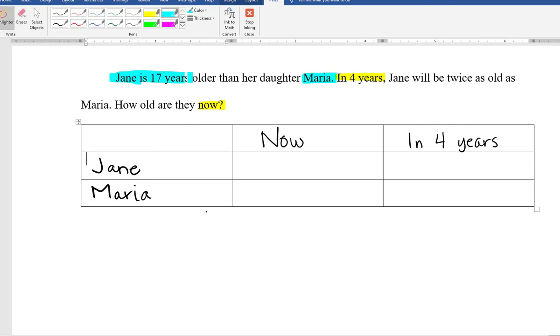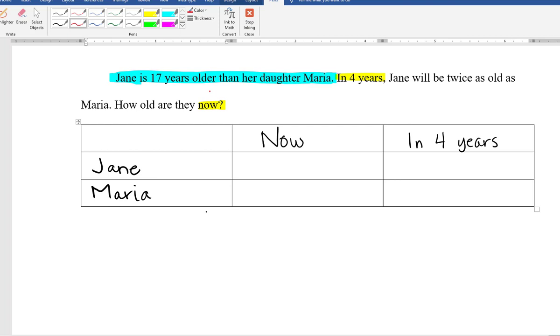I'm interested in the very first sentence. Jane is 17 years older than her daughter Maria. And in fact, I can keep reading on. In 4 years, Jane will be twice as old as Maria. Nowhere in the whole entire problem did they say anything about Maria's age. They did say Jane is 17 years older, but they gave us no information whatsoever about Maria.